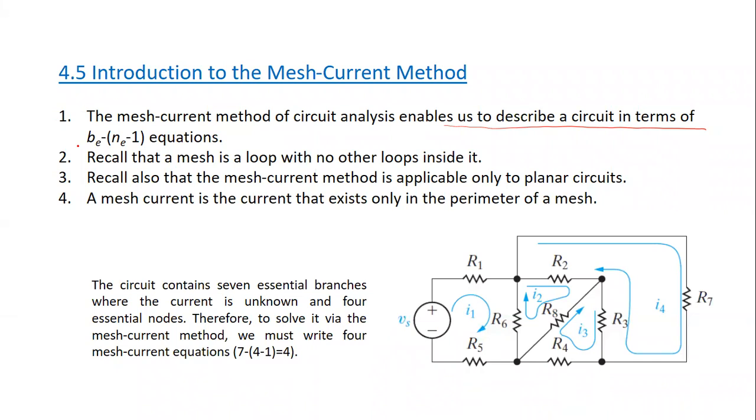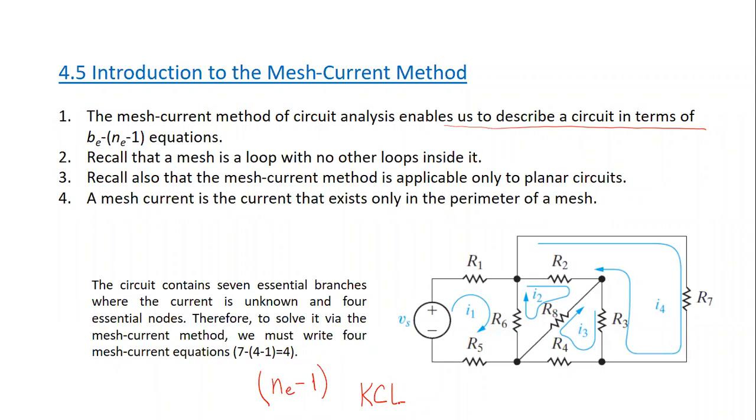In the nodal voltages analysis, we had essential nodes. We have the essential nodes number, and we selected one of these essential nodes to be a reference node. So it will be NE minus 1, and this number will be the number of the equations based on KCL in order to solve the system. So this was the nodal analysis technique.